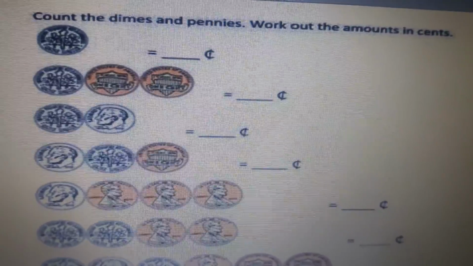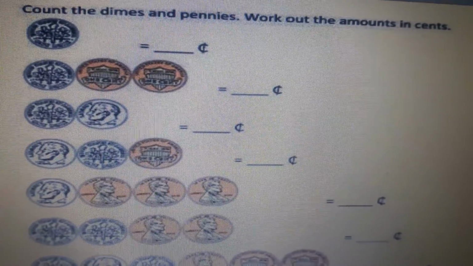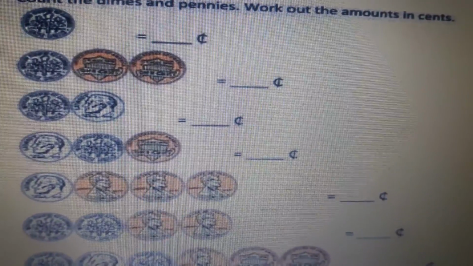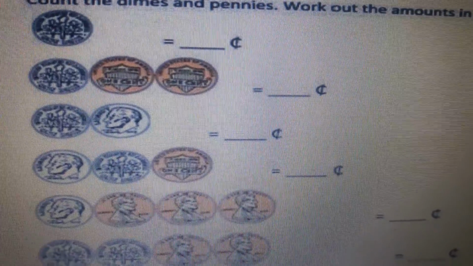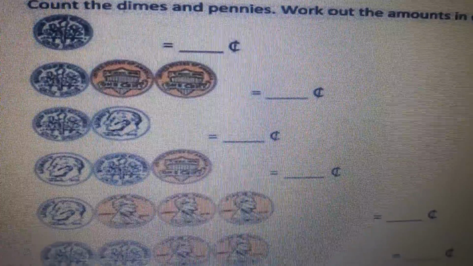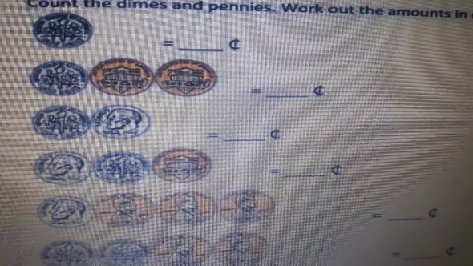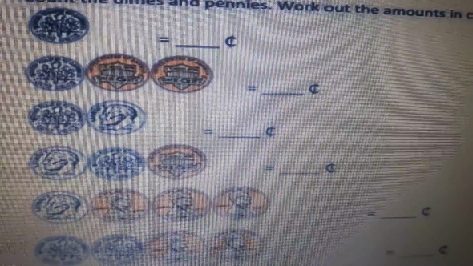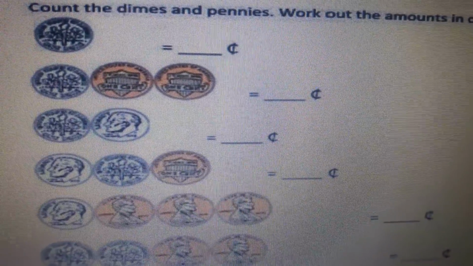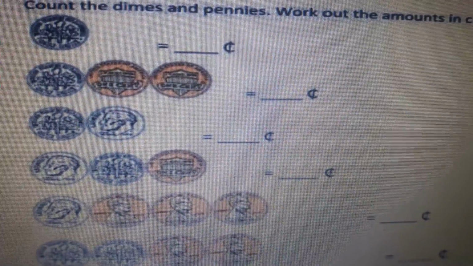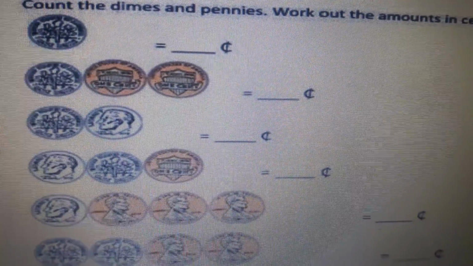The second sheet, okay, count the dimes and the pennies. Okay, so we have the first one, which is 1 coin. It's a gray coin, so it's a dime or the penny? Yes, it's the dime coin, so it equals 10 cent or 10 penny.